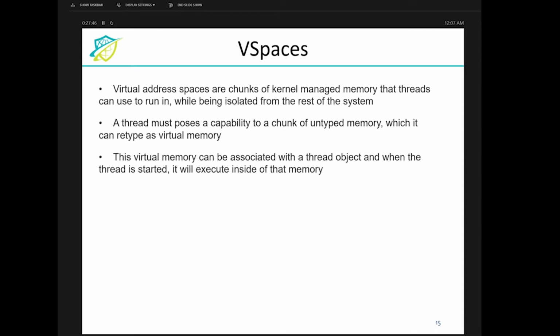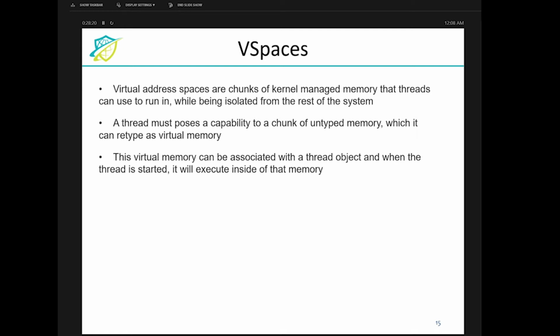The kernel manages these, and they provide virtual memory spaces for different threads to run in. So a thread must possess a capability, so it has to have a CNode that allows it to see this VSpace, to a chunk of untyped memory, which it has the ability to retype as virtual memory to do whatever it wants. We'll talk about untyped memory in a minute.